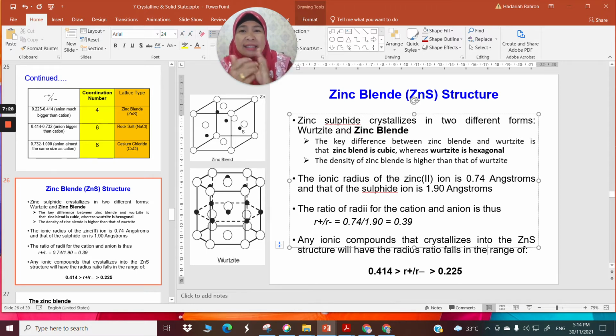Not necessarily zinc and sulfide only. It could be others, a very big non-metal anion and a very small metal cation, that will fall into the zinc blende structure, as long as the ratio is between 0.414 and 0.225. You're going to get a zinc blende structure.